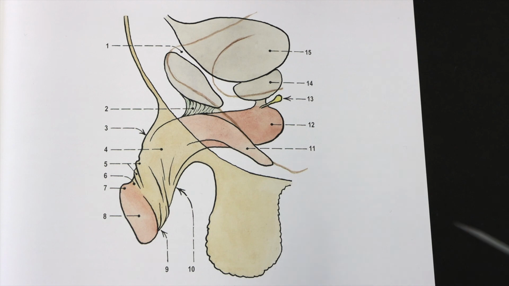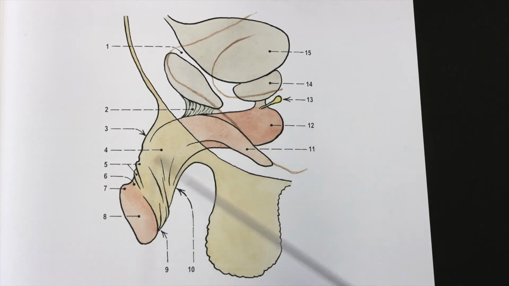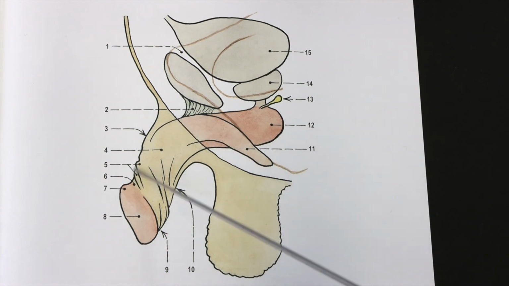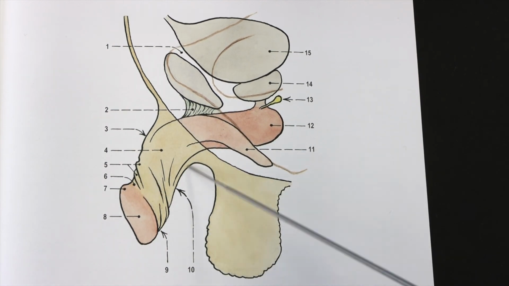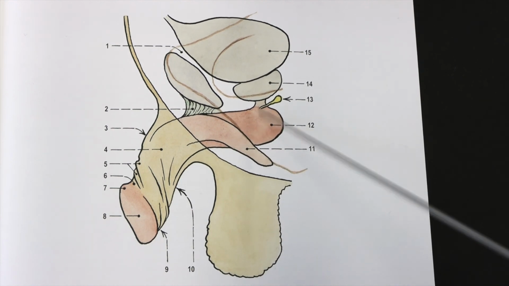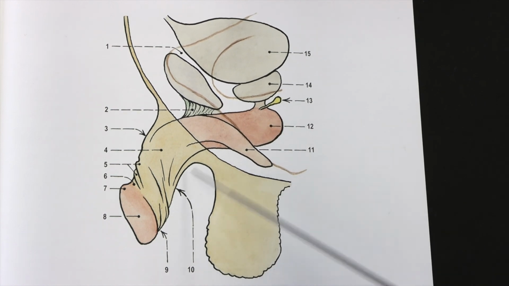So this is the first one. Then the second part is the corpus of the penis, the body of the penis. The body of the penis is directed anteriorly from the radix, and it has 2 surfaces. This surface is the dorsum of the penis, and this surface is where the urethra passes through the spongy part of the penis.